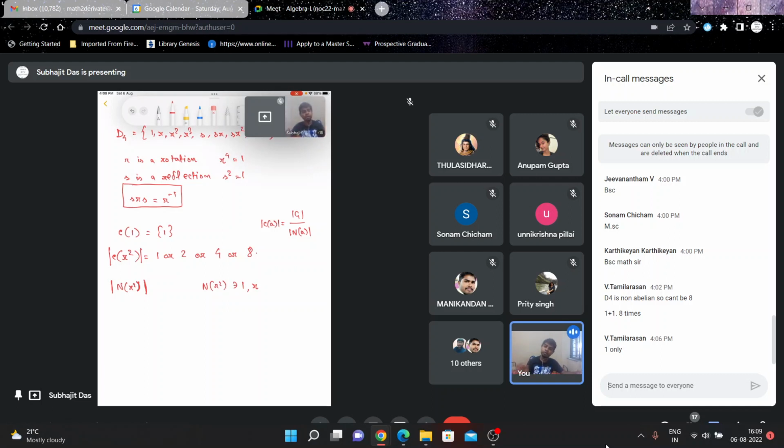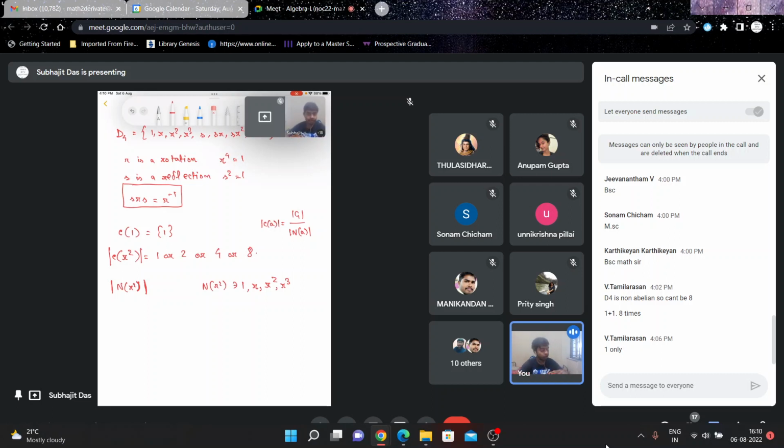So any two elements of that subgroup, the cyclic group of order 4, will commute. So R will commute with R square. Similarly, R square will commute with R square, and R cube also commutes with R square, right? So we know that the normalizer has at least 4 elements in it, right?